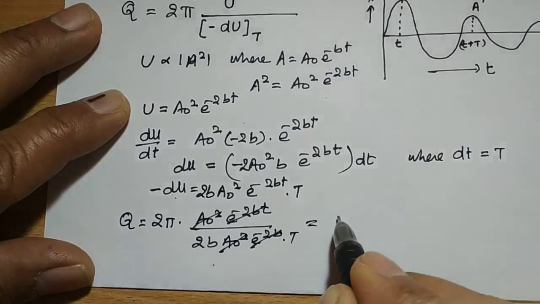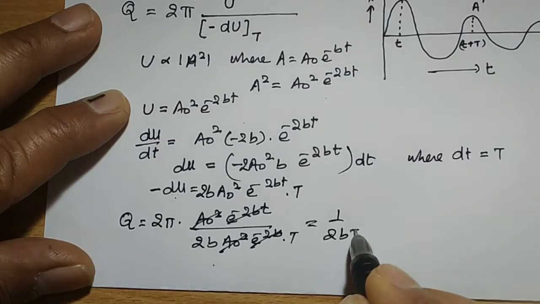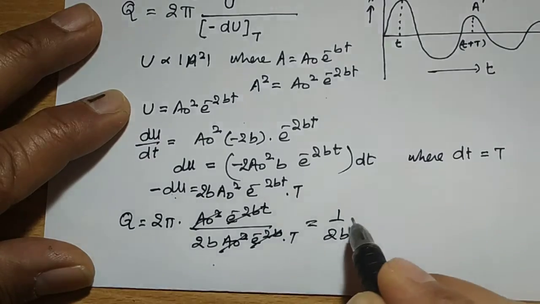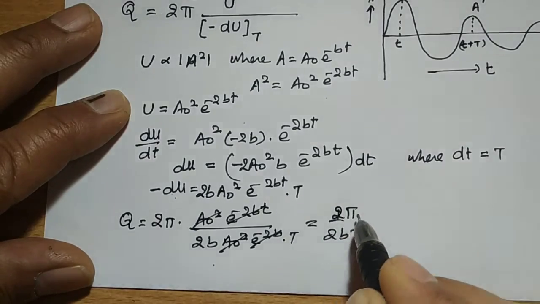We are left with only 1 over 2bT, multiplied by 2 pi.